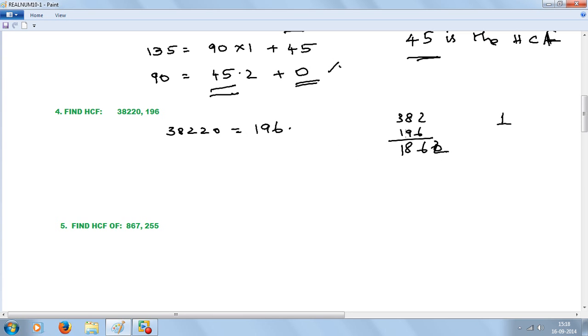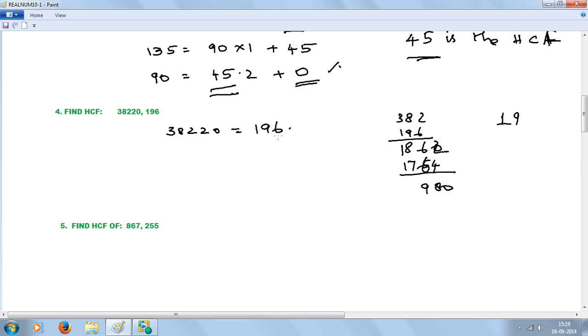Now next, we'll try with 9. So 1764 minus 8, 980.